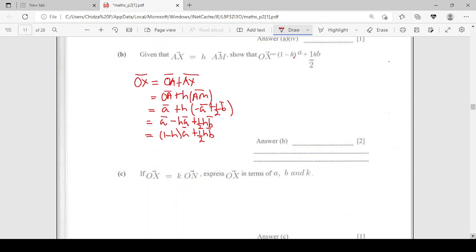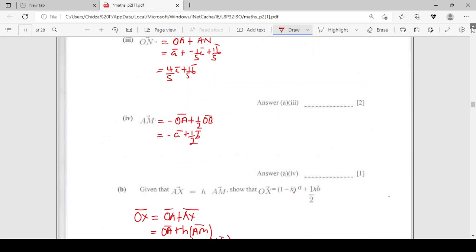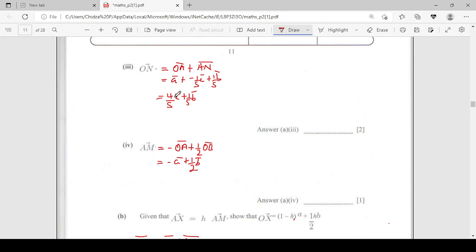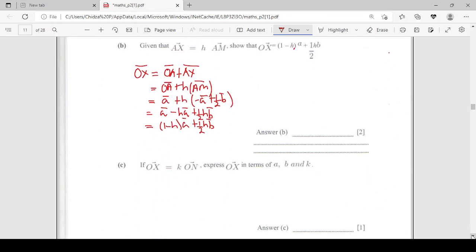Then in the next part, OX is k times ON, right? So do we have ON? If we do, let's go back. Yes, we have ON there, which is 4/5 A plus 1/5 B. So we can substitute and say our OX is k times (4/5 A plus 1/5 B).